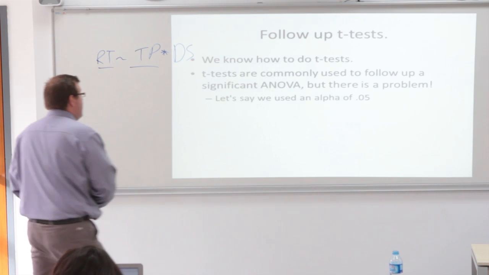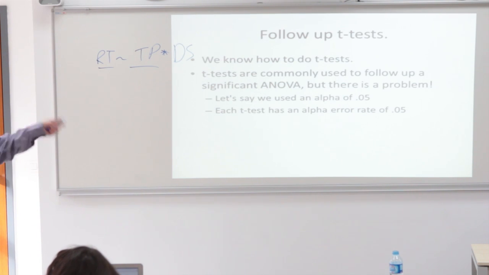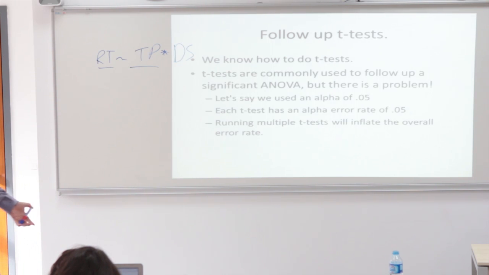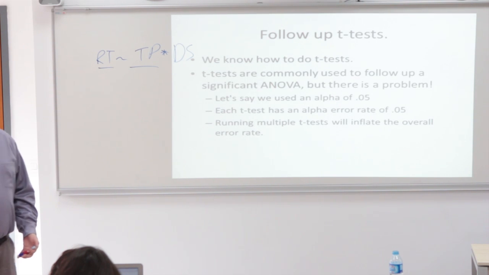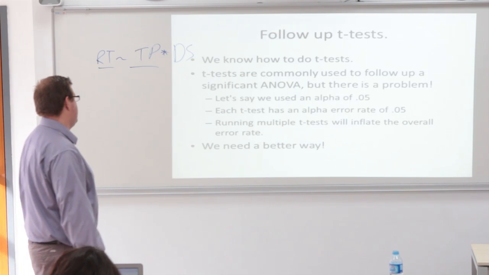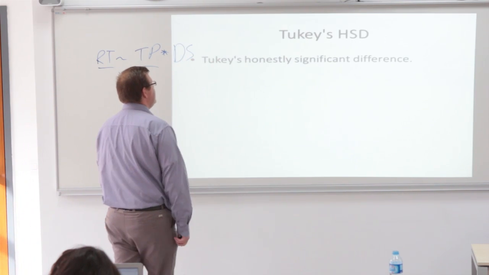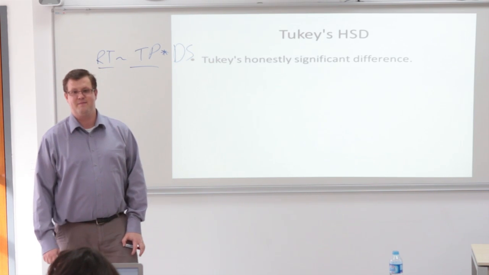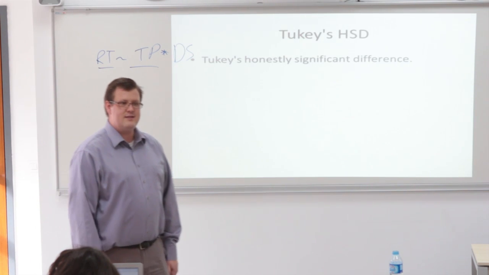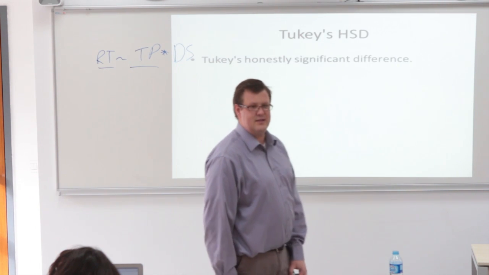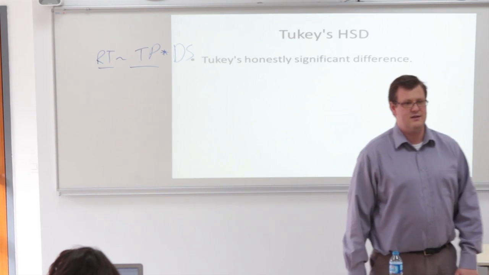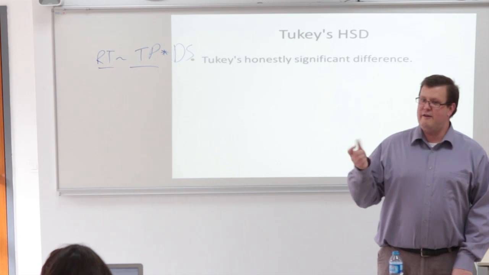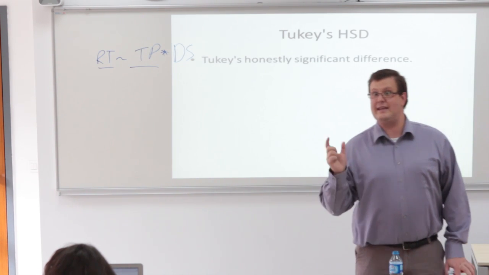When we do multiple t-tests, we're going to inflate the overall alpha error rate. What will we do? We need something better. We're going to use Tukey's honestly significant differences. Tukey was a person, and he came up with a way to figure out whether a difference was really significant or not.